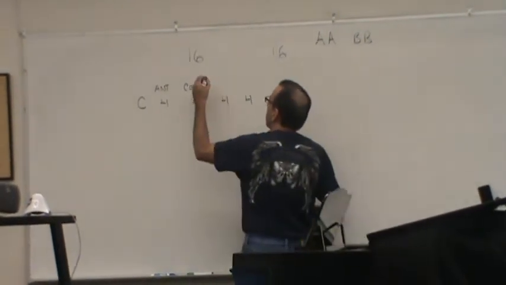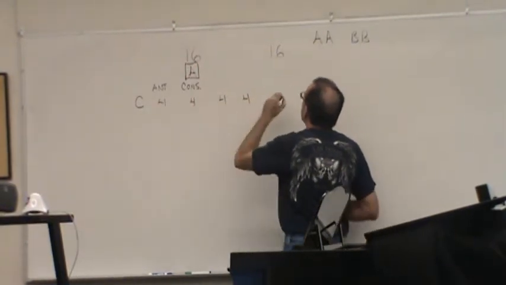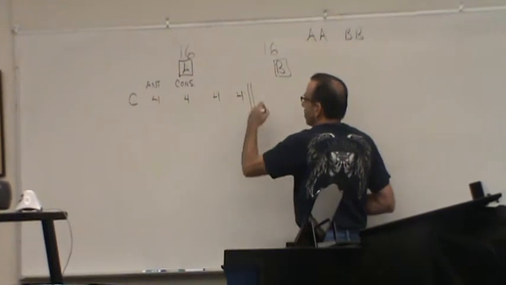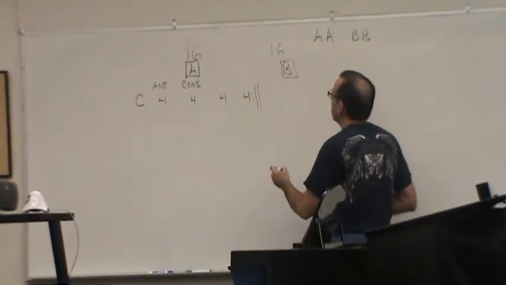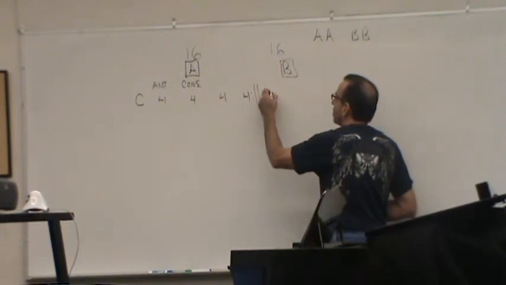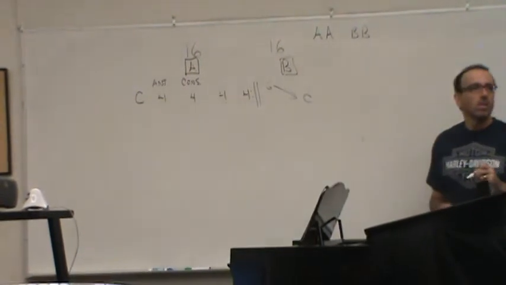And so this would be the A section. Let's do that. And then in the B section, so it's going to be that, it's going to modulate, it's going to repeat. And then in the B section, you're going to head back from, let's say we went to the dominant G, you're going to head back to C at some point.